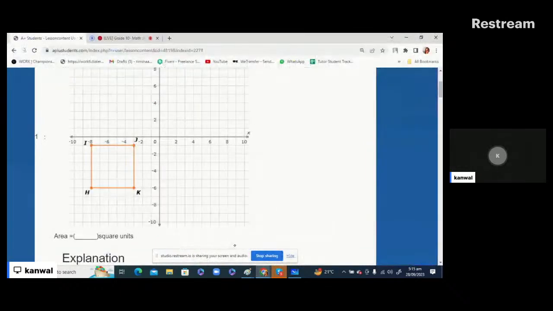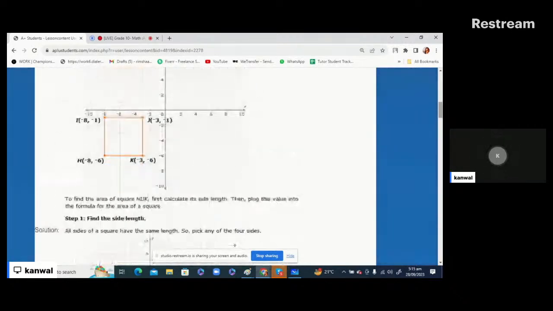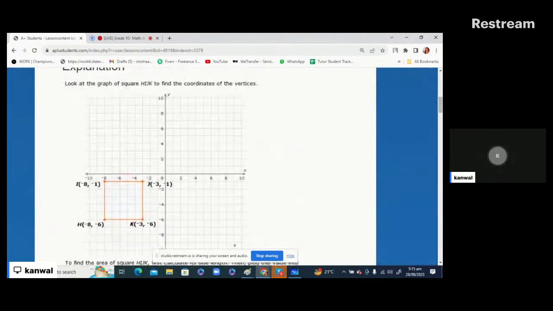Now let's check. Look at here now. These are the points. First of all, we just need to know all these points, okay. Look at here, these points, that is in 0. This is minus 2.